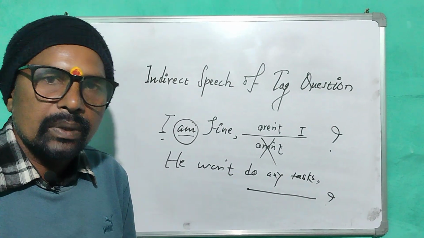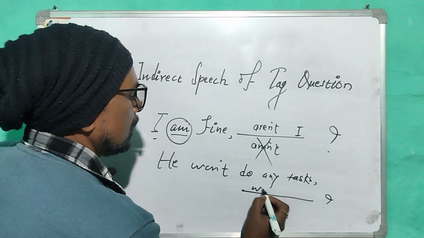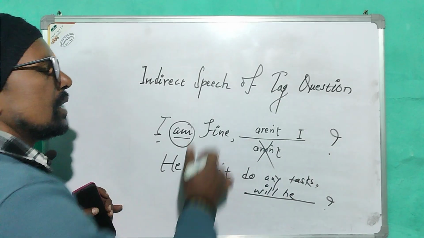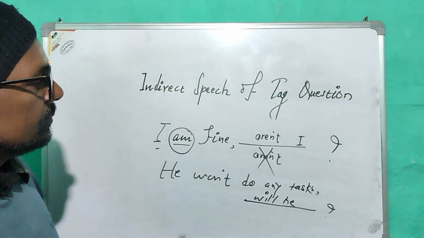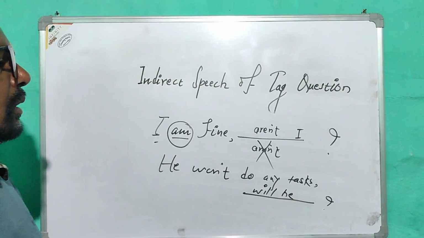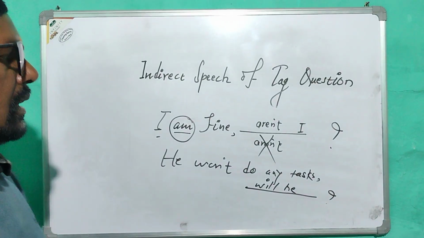Our tag question must be positive here. So I show you: will he? So these are examples of tag questions. I think after watching, all of you have good knowledge about these tag questions.